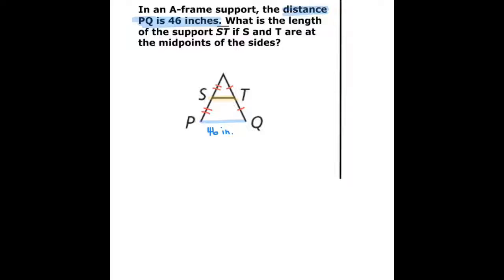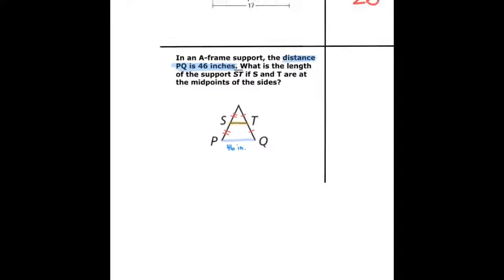So even though our diagram looks a little bit lopsided, we trust the information we've been given. Now, all we're asked to do is find the length of the support beam that I've highlighted in yellow, the support beam ST.